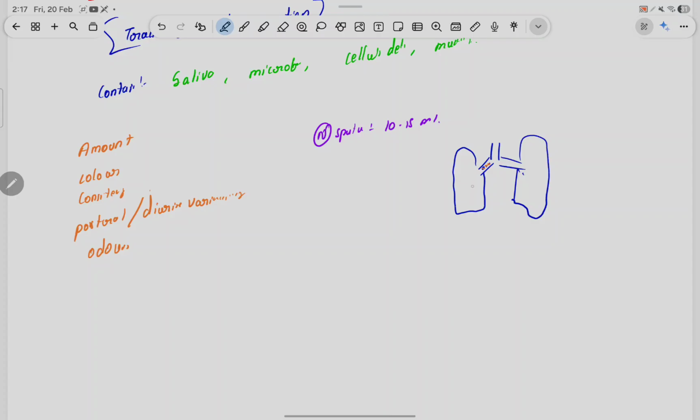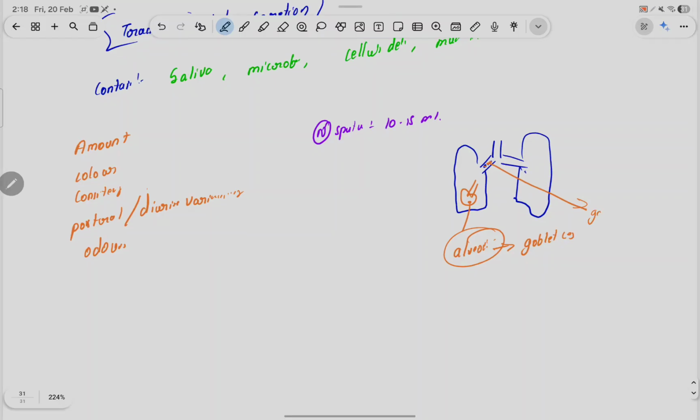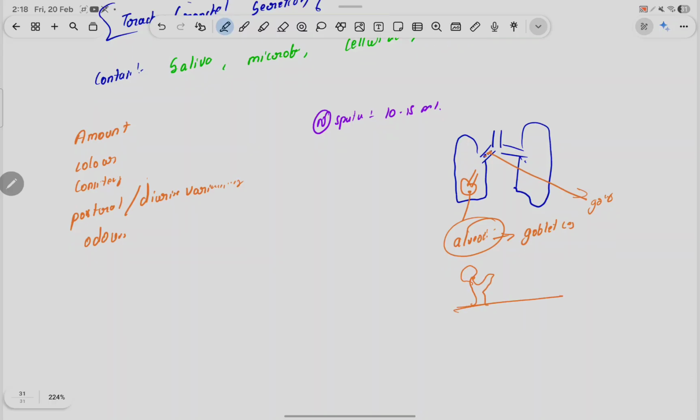The goblet cells are also available in the alveoli, and in some of the cells of the tracheobronchial tree. The bronchi also contain goblet cells. The goblet cells will be like this on the epithelium.